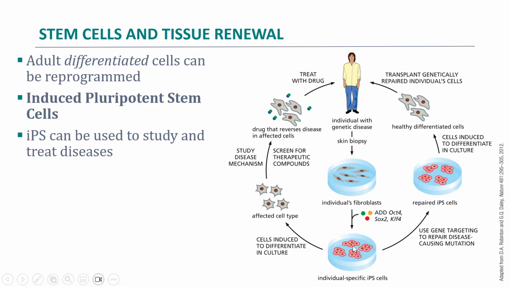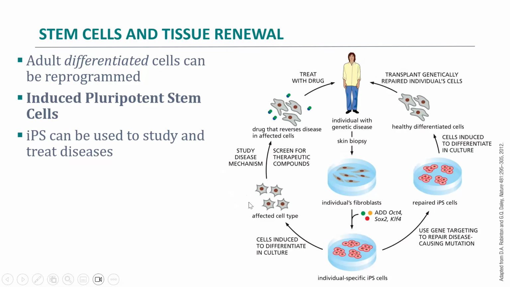Or I can go back to the beginning, right? I can take my induced specific pluripotent cells. They're waiting to become what they need to become. I can allow these cells to become differentiated into the affected cell type, whatever the cell, right? I can look at this under a microscope and I can say, okay, I know this individual suffers from liver disease. I'm going to actually look at how this cell forms, becoming a diseased liver cell by giving it the external cues to become a liver cell, and I'm going to watch it.